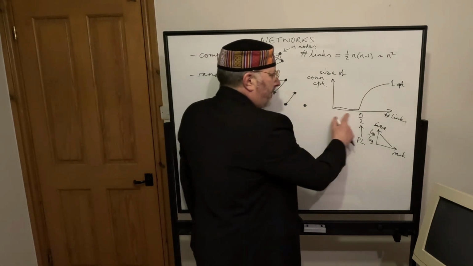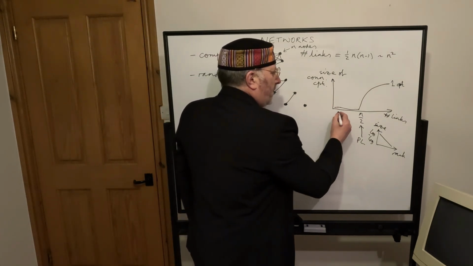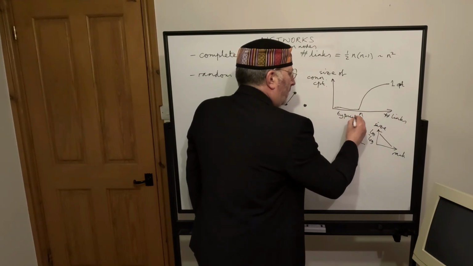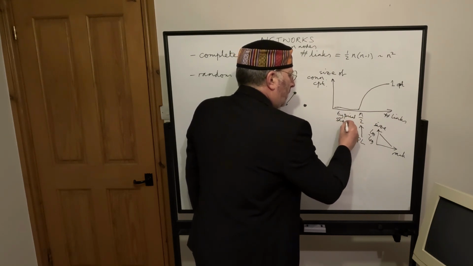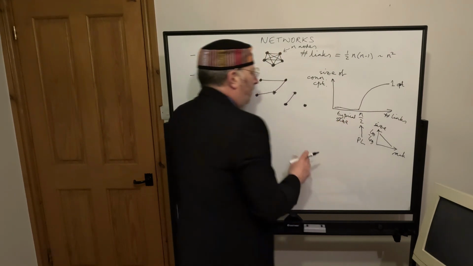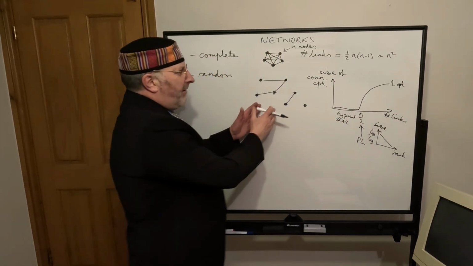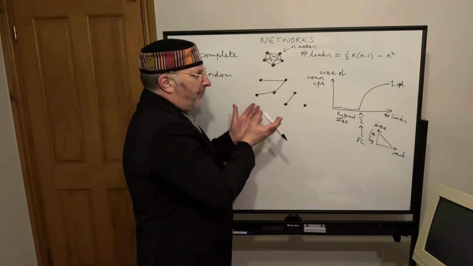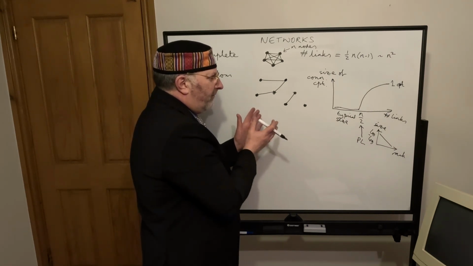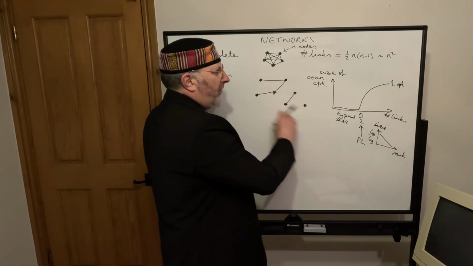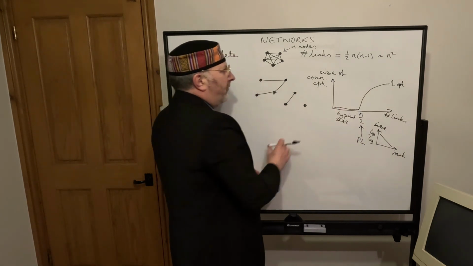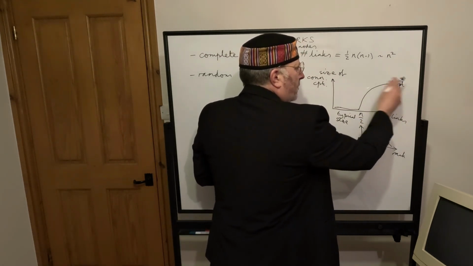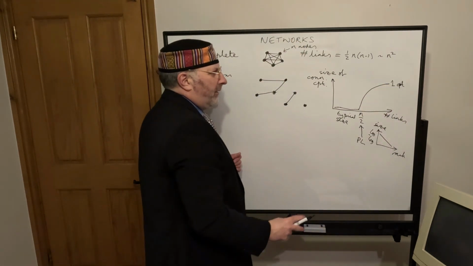Whereas here, you've got a typical size. When you haven't connected very many, mostly you've just got pairs and maybe a few 3s and even fewer 4s. So there's a fairly average size. There's no really big ones. And then when you get to here, as I said, you've got one completely connected component.